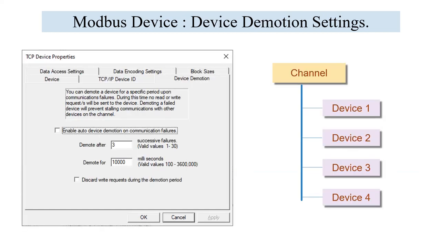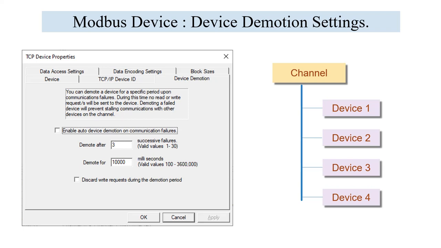Let us now look at device demotion settings. You can have multiple devices connected to a channel. Driver will keep on polling all the devices one by one and keep getting data from them. It can happen that some device can get busy in its own processing of logic and may not be able to respond to data read requests.